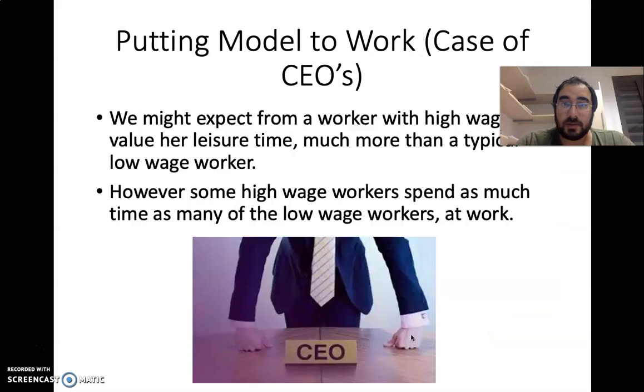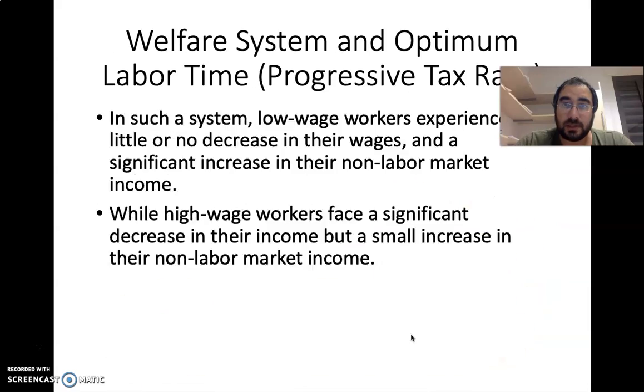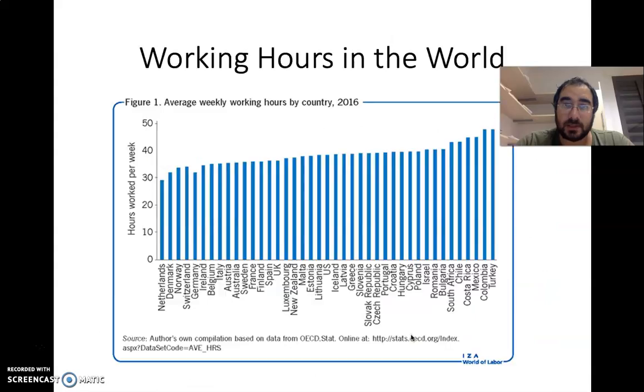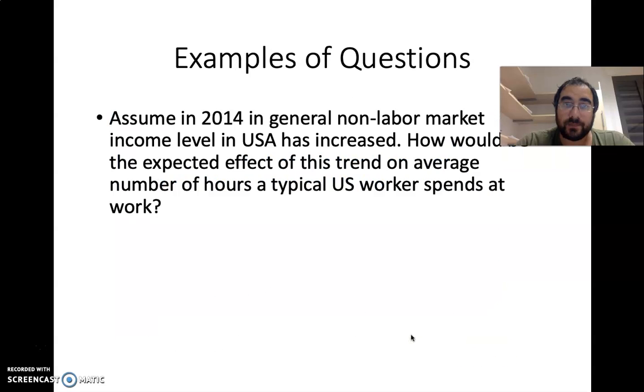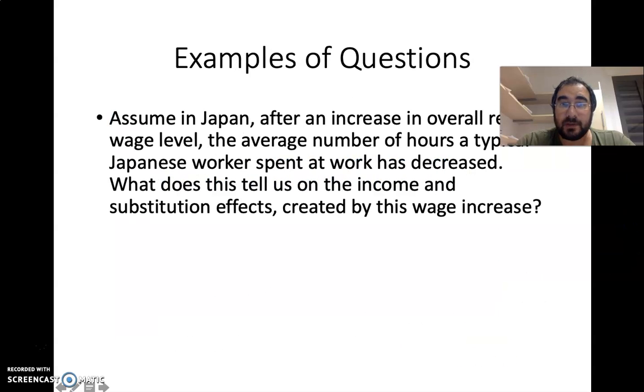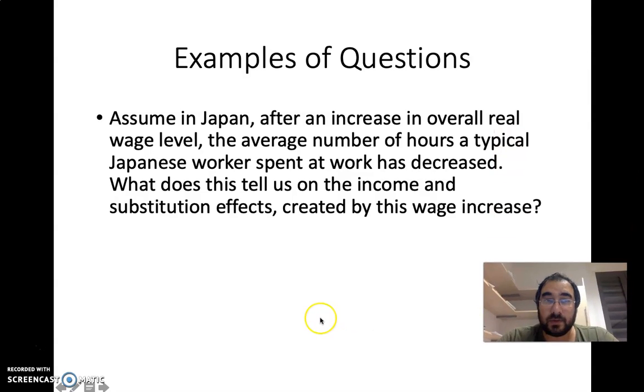So let's go to the second question, which asks us: assume in Japan, after an increase in overall wage level, the average number of hours a typical Japanese worker spends at work has decreased. What does this tell us about the income and substitution effects created by the wage increase?